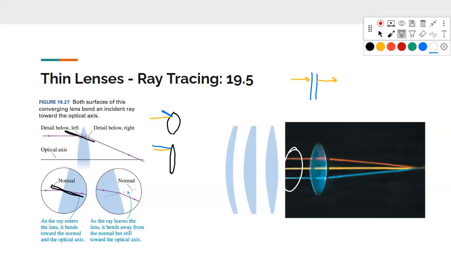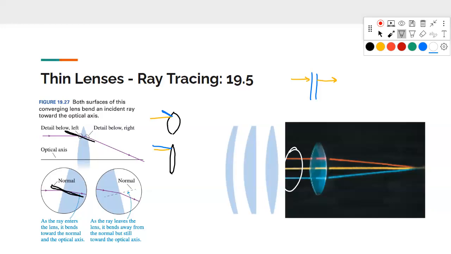But by adding this curvature, by grinding down, sanding this piece of glass to make it rounded, what we're doing is we're shifting where the normal line points. And by doing so, we are able to bend horizontally oriented rays of light. And the amount we bend them will be dictated by the curvature.